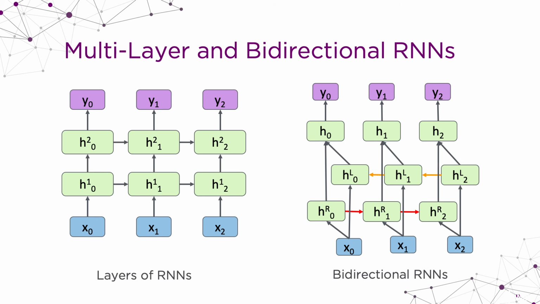In this slide on the right, we can see instead how to also exploit information from the future, because we are using 2 different RNNs. One goes left to right, and one goes right to left. And then we combine them together. We can somehow merge the output. And by doing that, when we are at a given time step, now we are able to look at the past, thanks to the left to right RNN, and at the future, thanks to the right to left RNN.